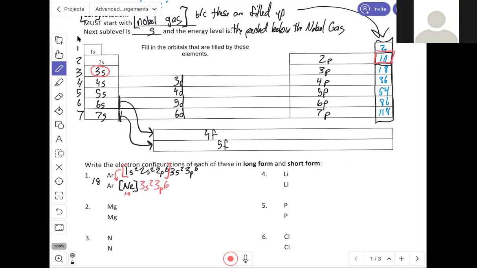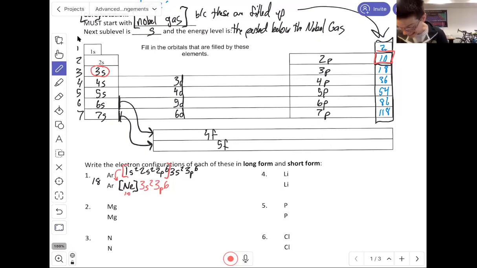So you only use one element for the brackets, and it has to be one of these noble gases: 2, 10, 18, 36, or 54.